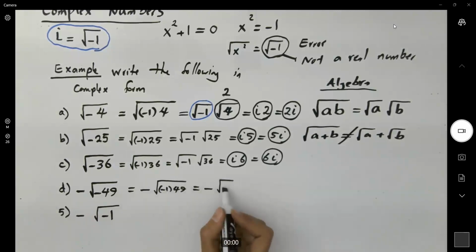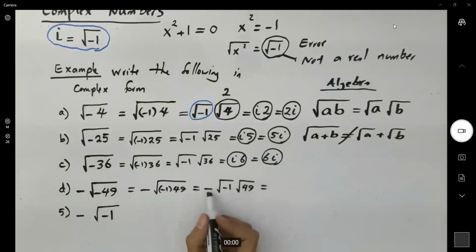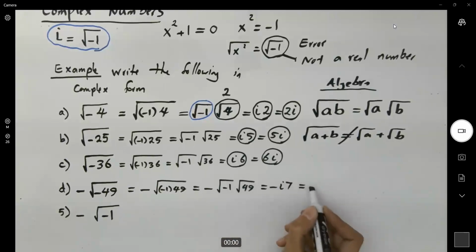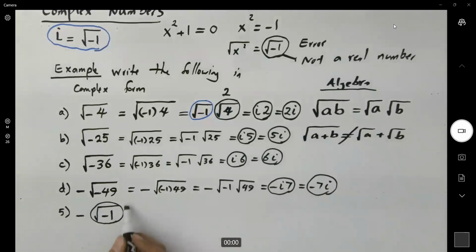You get square root of negative 1 times square root of 49. You have negative i times 7, or negative 7i. Now you end up with negative complex number. What about this guy? Well, I already know this is i. So I get negative i.